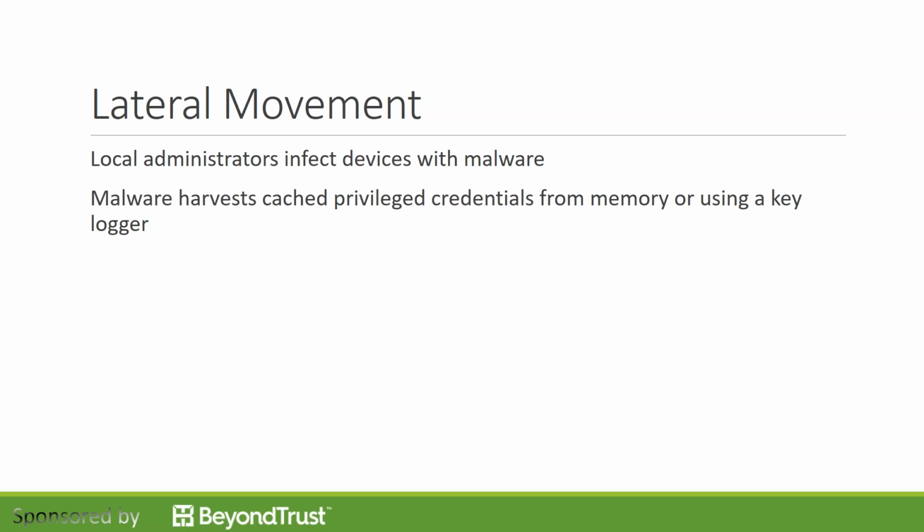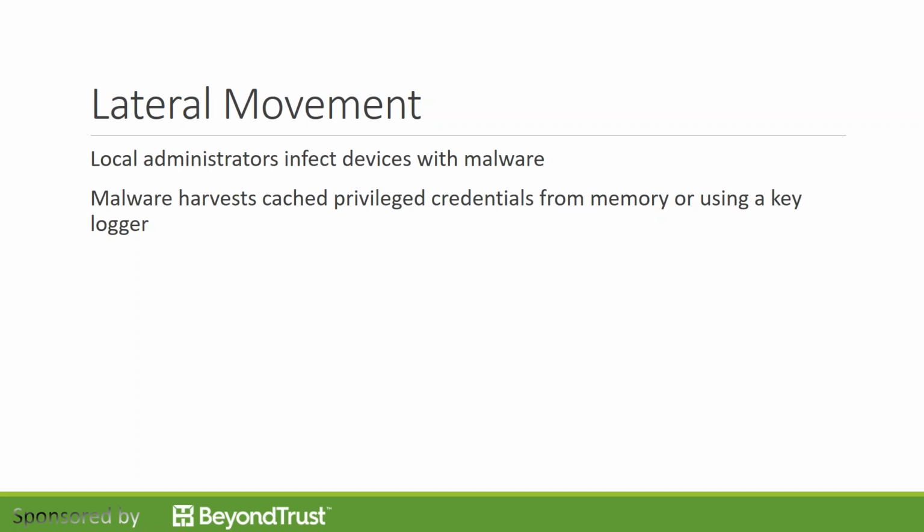So for instance, you may not think it's a problem for a standard user in your environment to log on to Windows with administrative privileges, but it does become a problem, for instance, if a domain administrator has previously logged onto that machine or logs onto that device after it has been infected with malware.